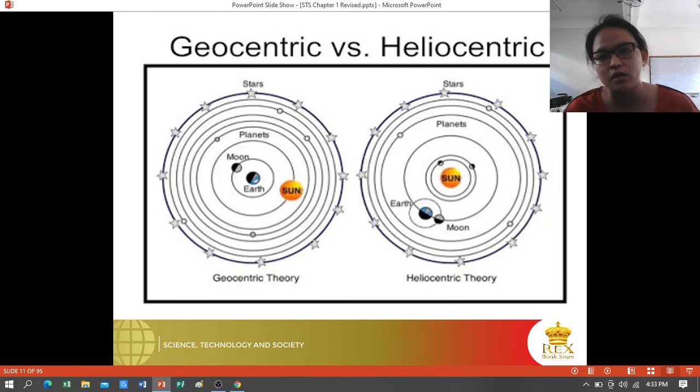Sinabi bigla ni Copernicus na no, it's not that. I have evidence, a scientific evidence, no, that the Earth is not really the center of the universe. It is the sun. And the Earth is only one of the planets that orbit around the sun. Okay? So, ganun ang nangyari.